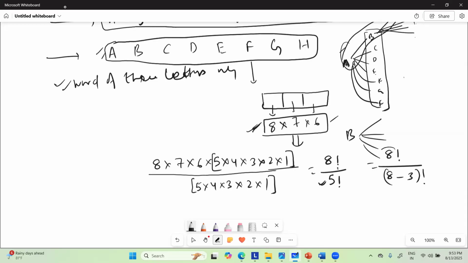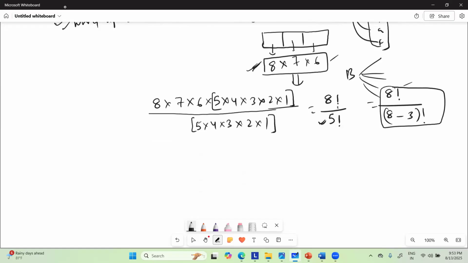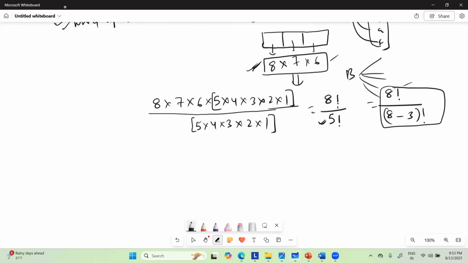Is this visible to you? Is it clear to everyone up to here? Yes sir. Now look, they made a very great kind of generalization here. So n factorial by n minus 3 factorial.